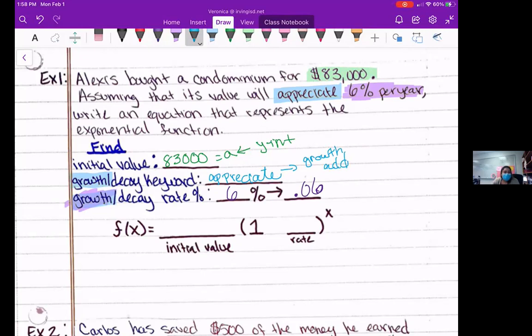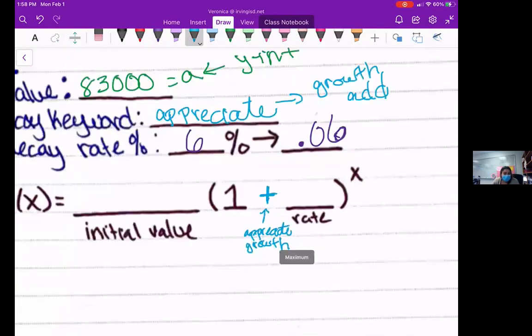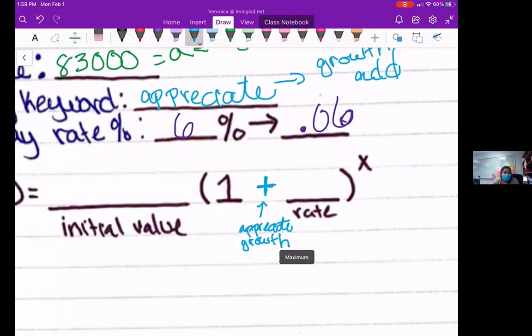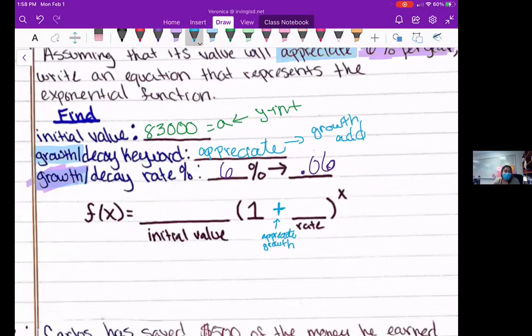So right here, you can see that I got the formula started for you, right? So I know right here, I need to have a plus because of the word appreciate, because that means growth. So I know I need to be adding. That says appreciate and then growth. I'm just pointing at it so that I know why I'm putting a plus.